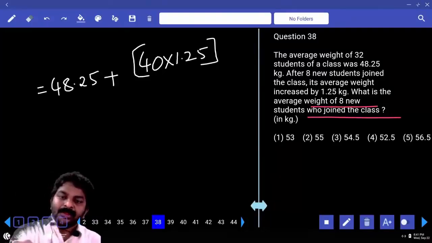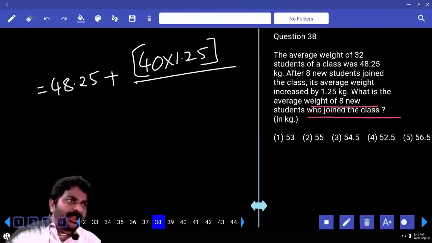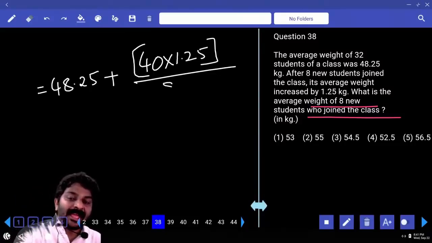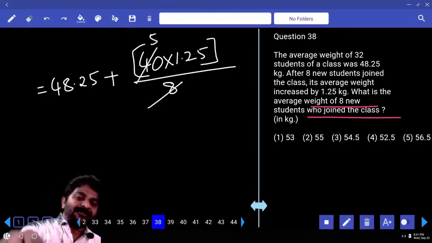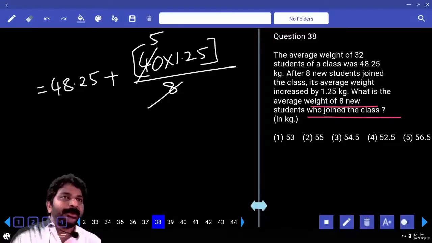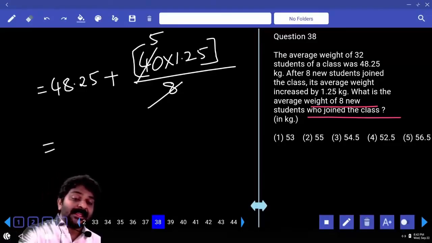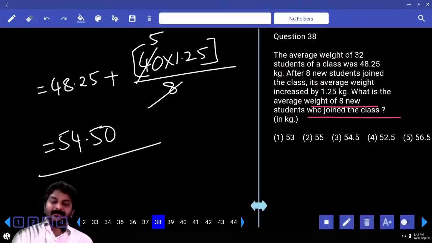Agreed or not? So this extra weight is just because of the new joinees, that is 8 members only. So to convert into average, divide by 8. 40 over 8, how many times? 5 times. 5 into 1.25, 6.25. 48.25 plus 6.25, 54.50. Third option, final answer.